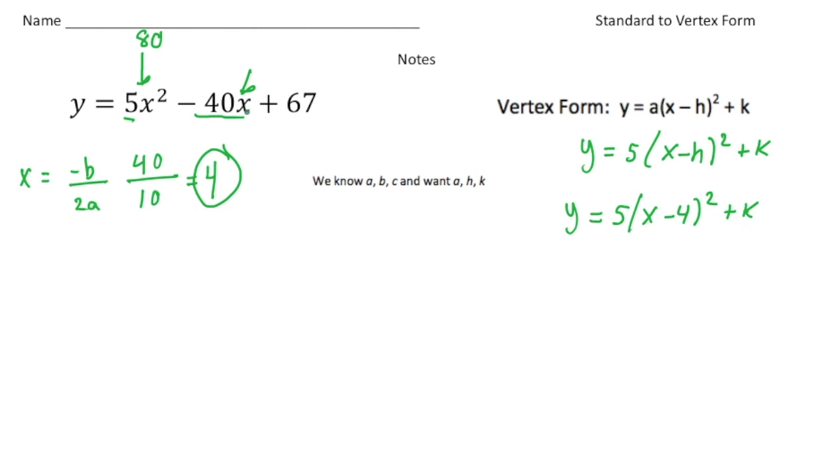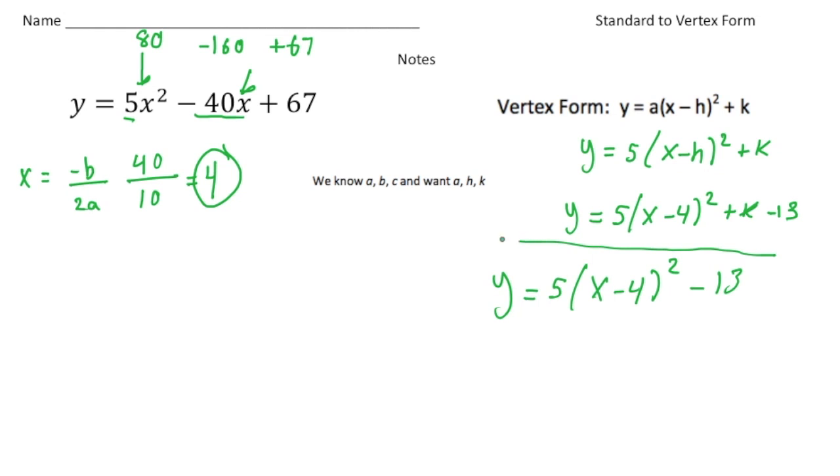Then negative 40 times 4 is negative 160, and then plus 67. 80 minus 160 plus 67 gives a sum of negative 13. So k is negative 13. Altogether it's y equals 5 times x minus 4 squared minus 13.